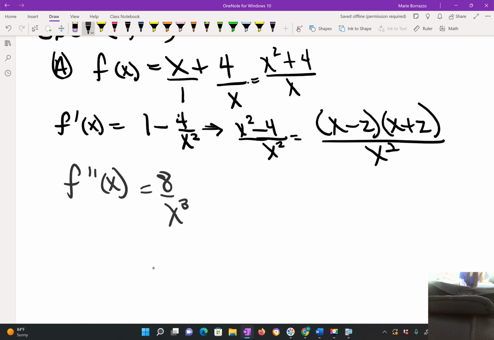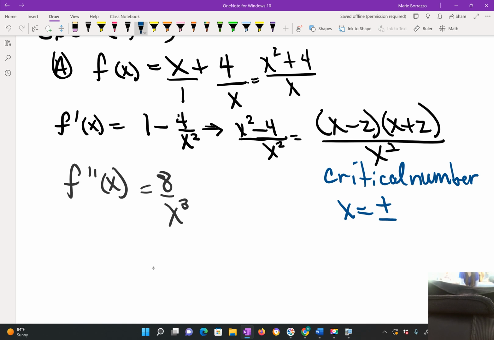And if we look at the critical numbers, going back to this one, in this case x is equal to plus or minus 2. So the only critical number on the interval between 0 and infinity is x equals 2, right? Because I'm only looking at the positive side of the figure.